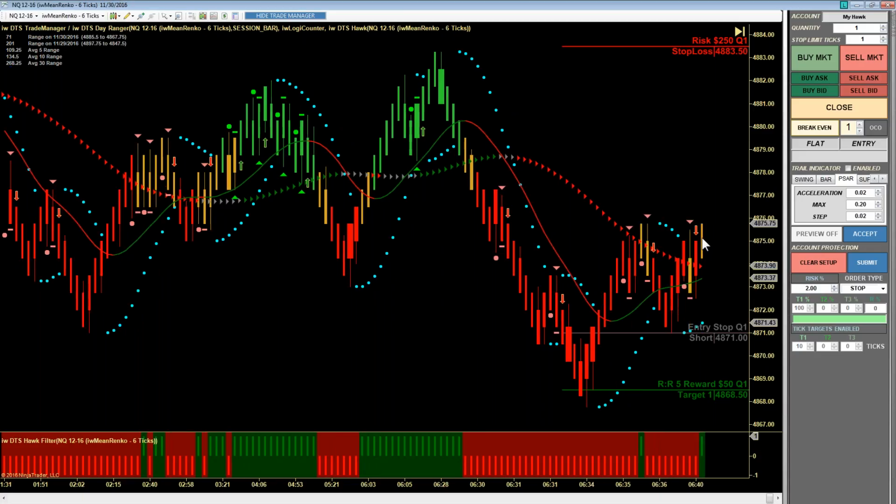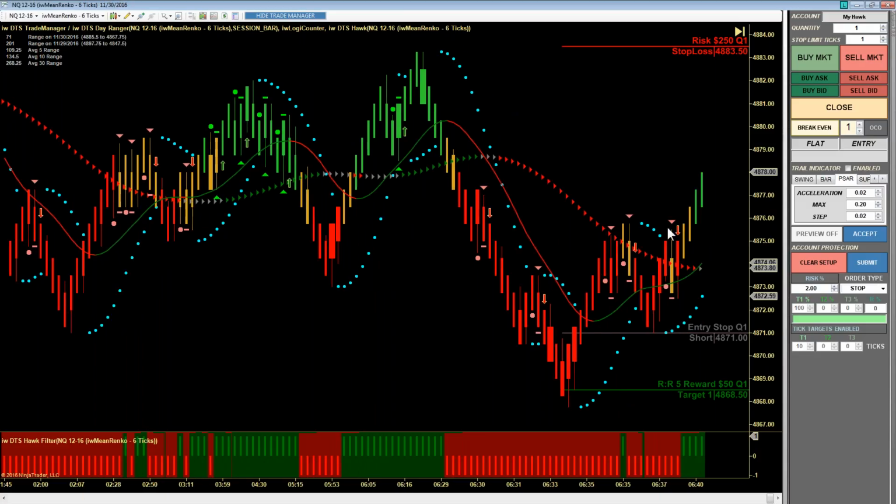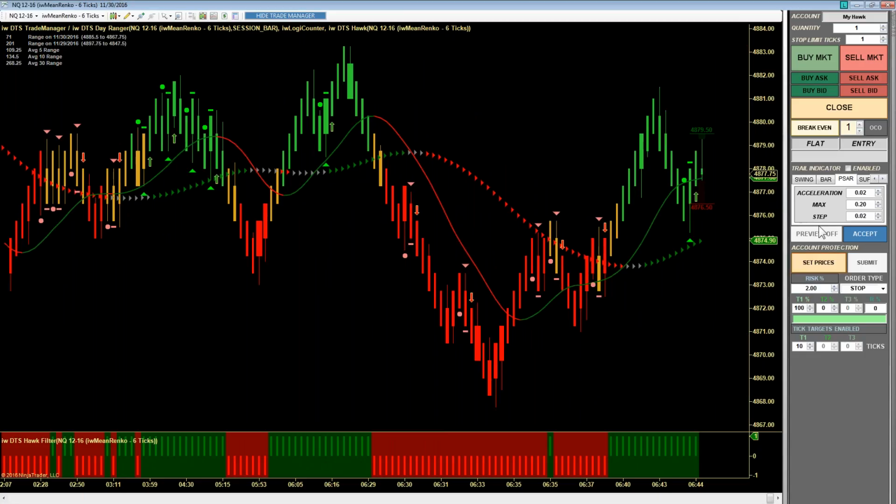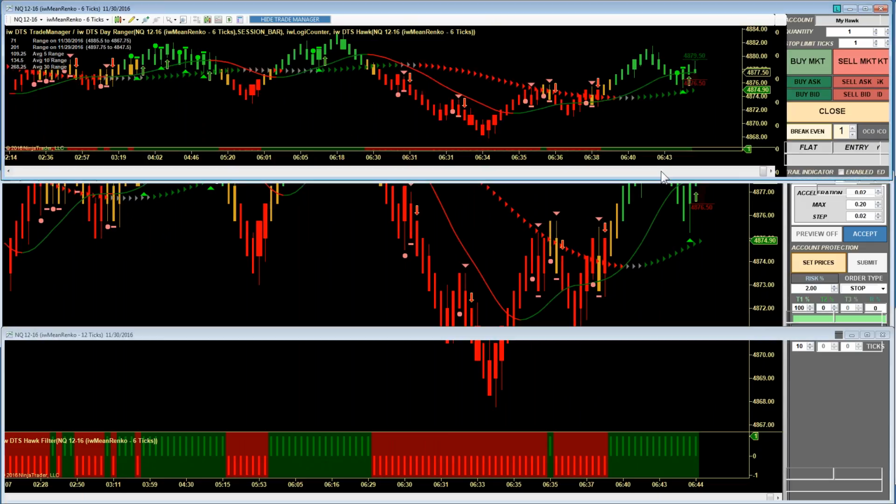And I would have got stopped out here for about $100. But regardless whether I got stopped here or I got stopped up here, the risk was still an amount I could afford to lose. Like I said, very important concept, and one that most traders are never able to wrap their heads around.